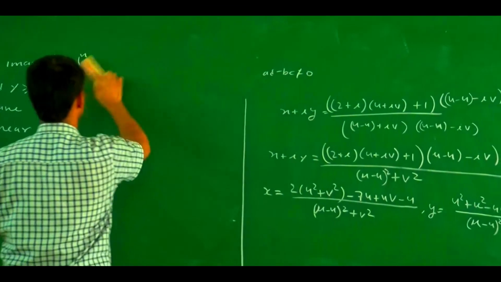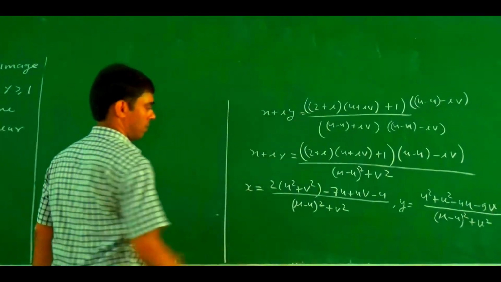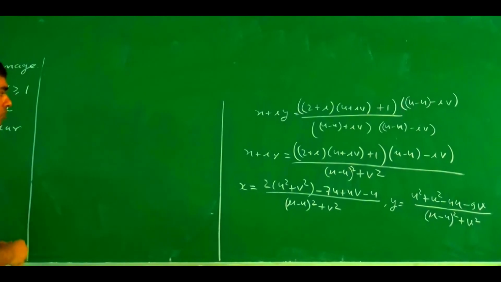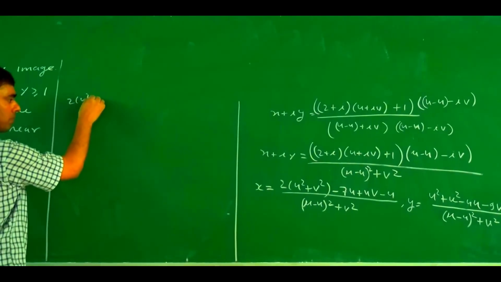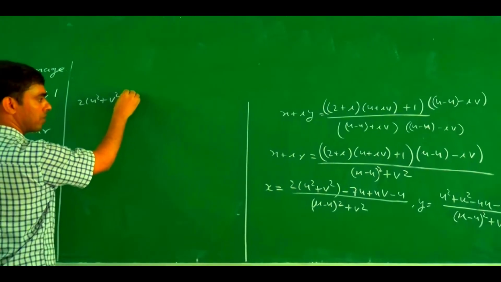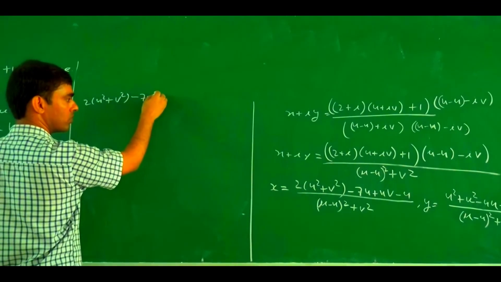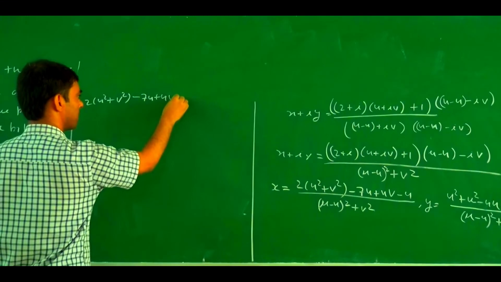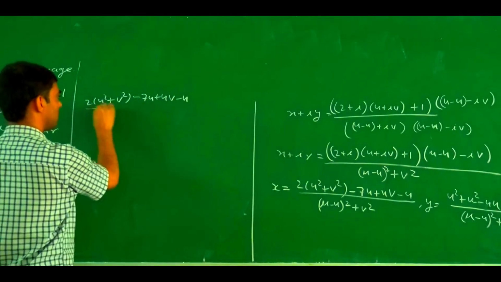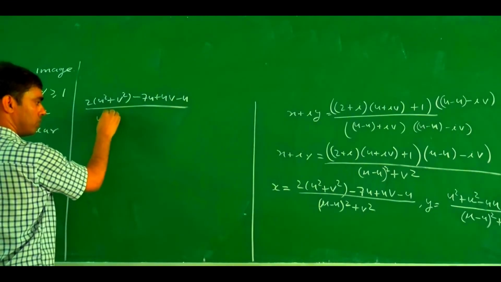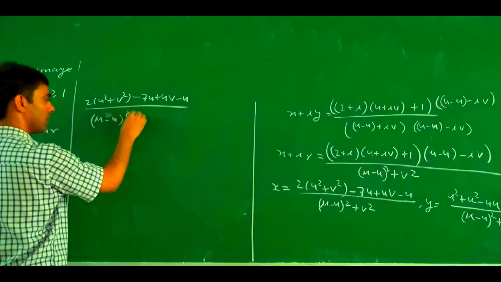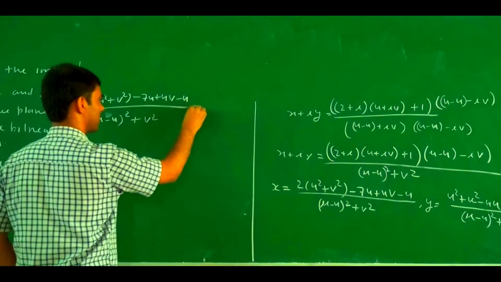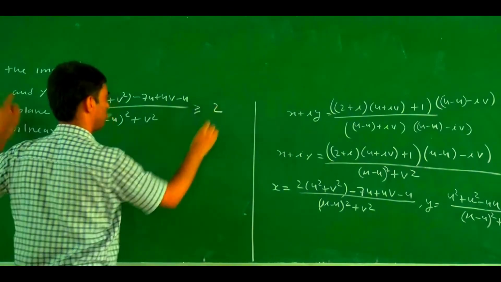We equate this one. It means x is greater than or equal to 2. So (2u² + v² − 7u + 4v − 4) divided by ((u − 4)² + v²) is greater than or equal to 2.